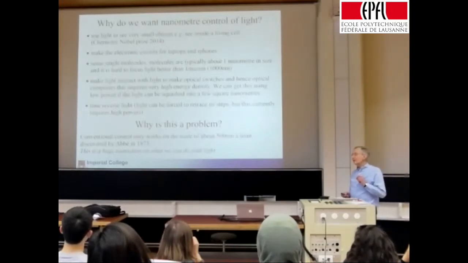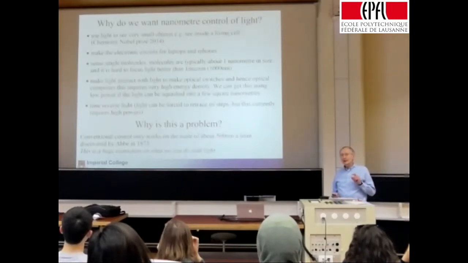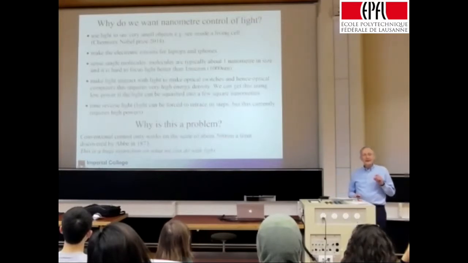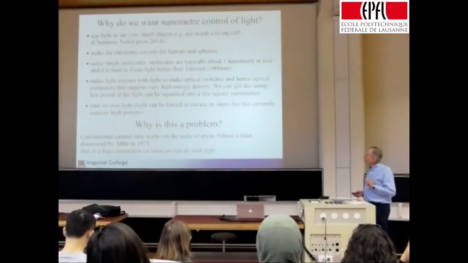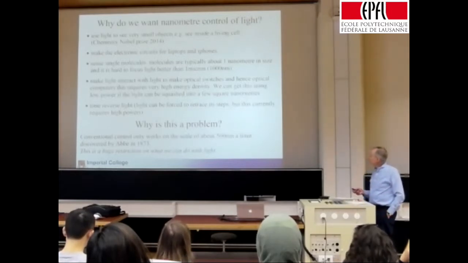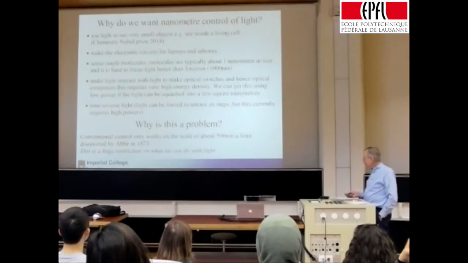So if you can only focus light to, say, a square micron, then that's a certain density. But if you can focus it to a square nanometer, that's 1,000,000 times more intense, and therefore you need less power to create a given energy density. And it's the energy density that determines the nonlinearity.